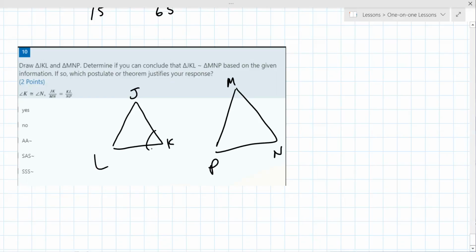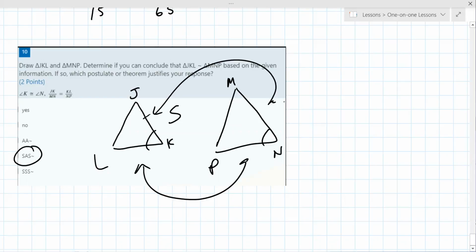It says that angle K is congruent to angle N, and JK, this side, is related to MN over here. So these ones are related. And then KL is related to NP. So it looks like you got a side angle side thing going on here. You got side, angle, side. All right. It's kind of a creative question to get you to do that.